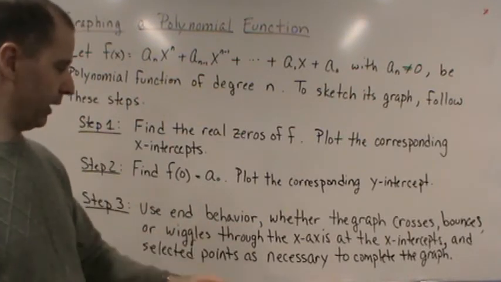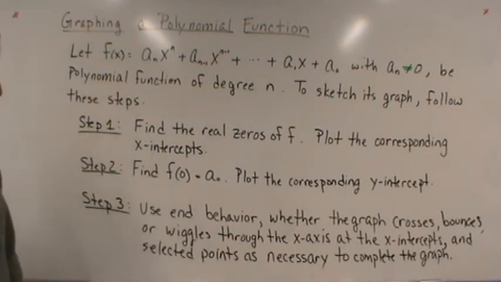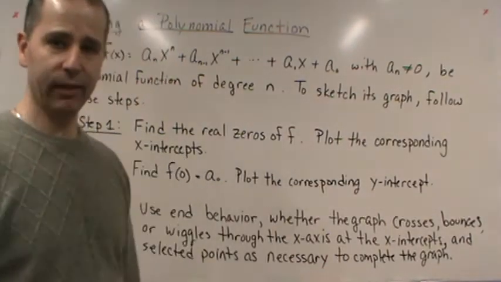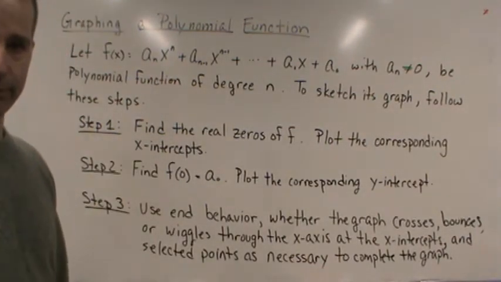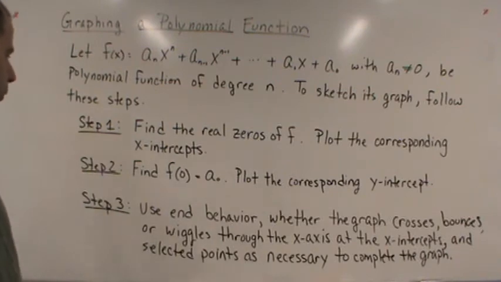That's what they mean by bounces or wiggles through the x-axis. And then, of course, any other selected points that we need in order to complete the graph, such as turning points. Just anything as necessary. And those are the 3 steps.